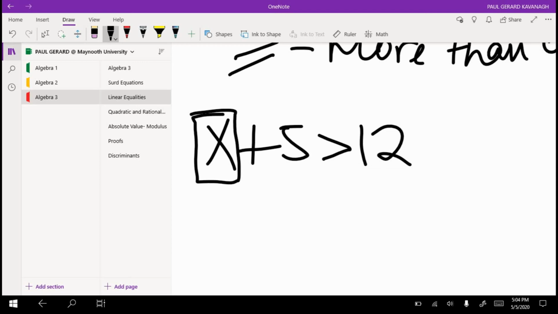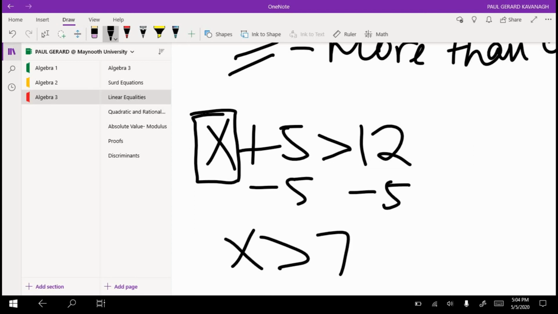So you take 5 away from both sides, so you have x is less than 7. So you know that this value of x is going to be less than 7 when you write it on a number line. That would be one example.